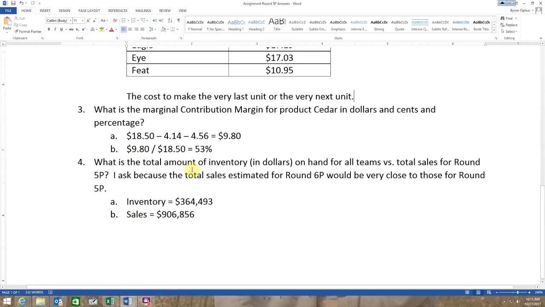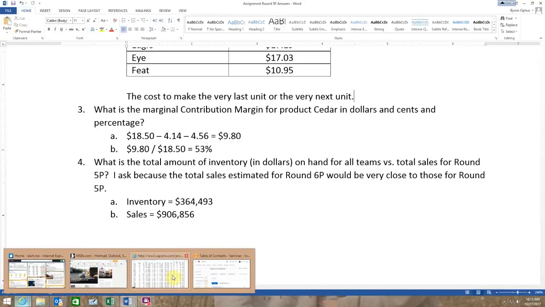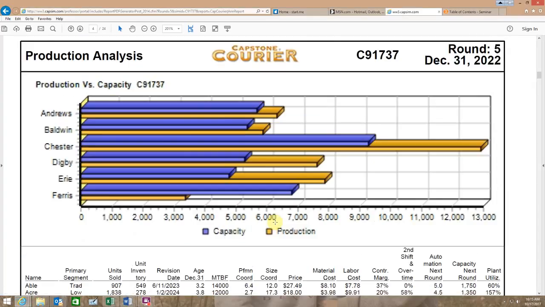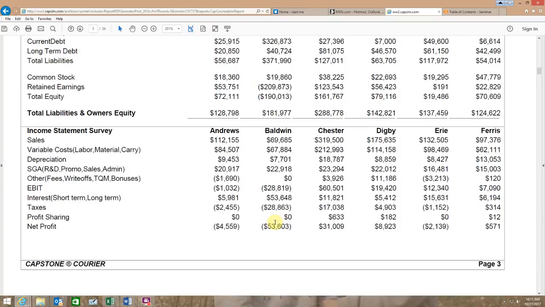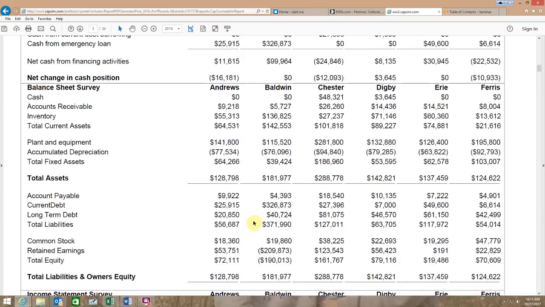Question 4: what is the total amount of inventory in dollars on hand for all teams versus total sales for round 5? I ask because the total sales estimated for round 6, bad grammar there, I think that should say will be very close to those for round 5P. And the way I did it, I just went to the balance sheet first, because you can get the inventory there.